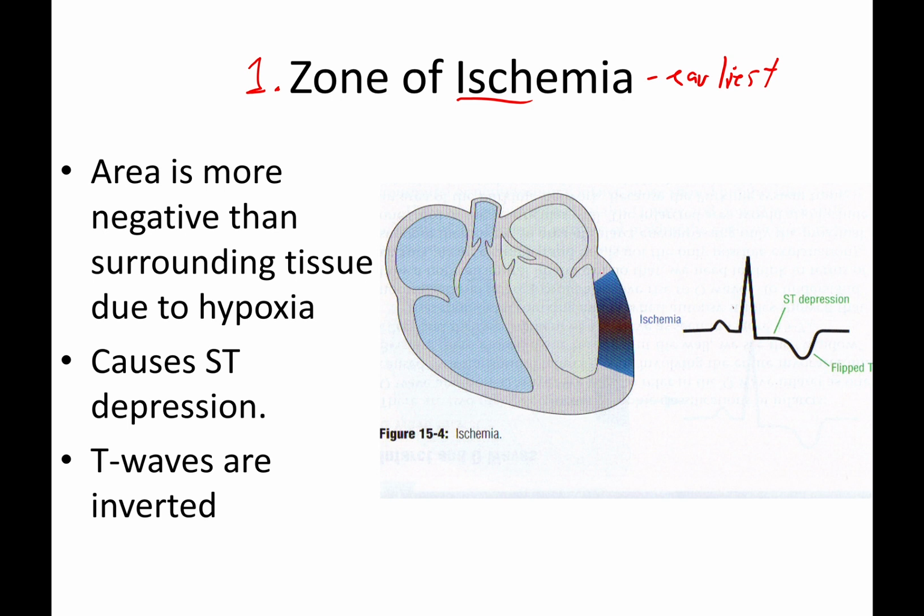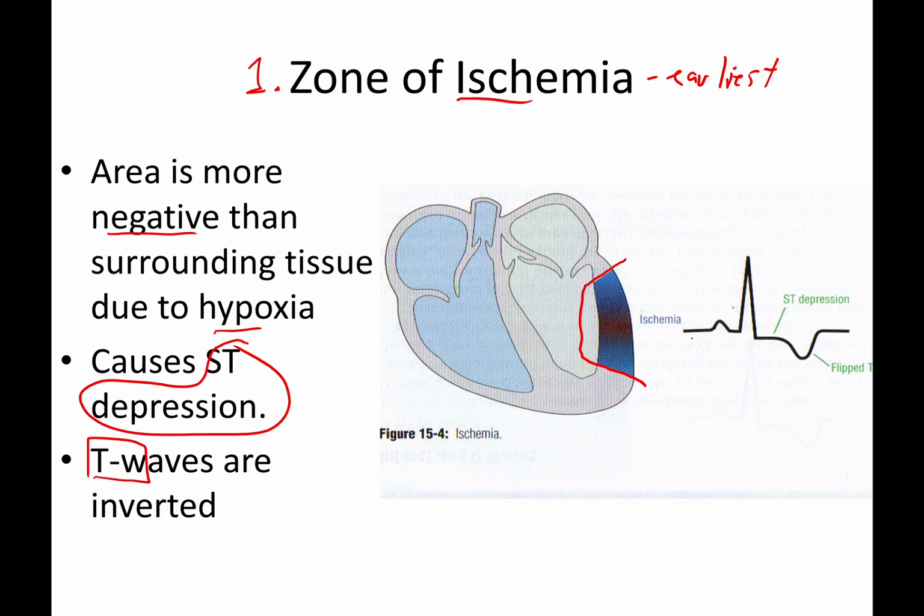And what occurs in this zone, where the ischemia is occurring, is the tissue becomes more negative due to the hypoxia, and that creates your ST depression and inverted T waves.